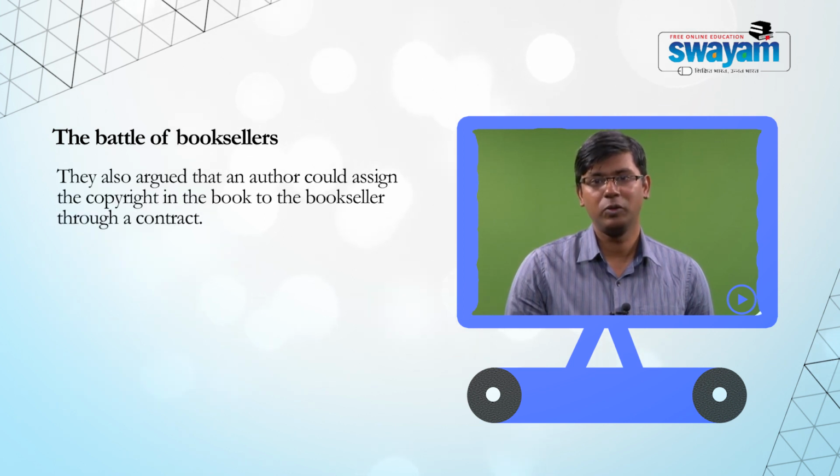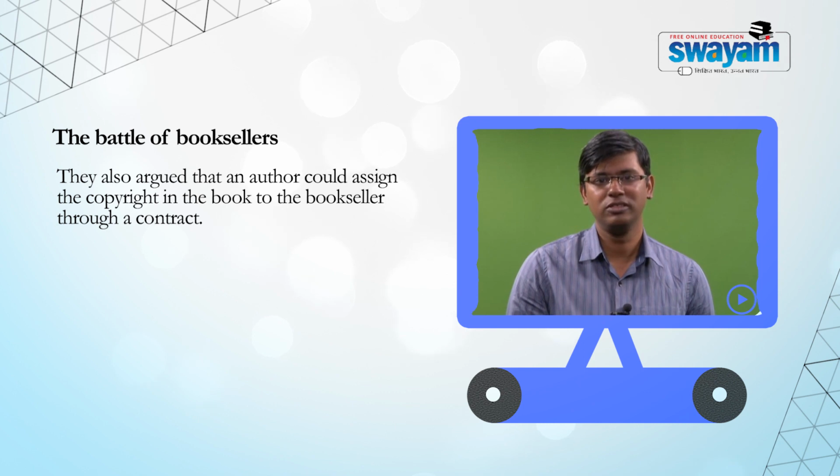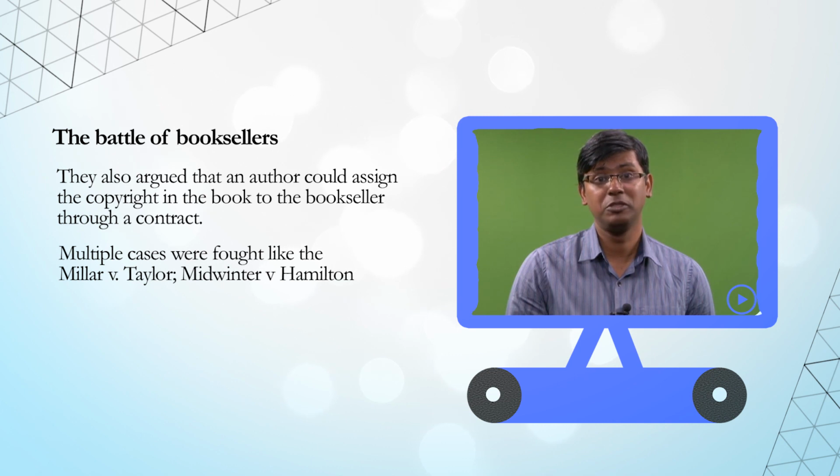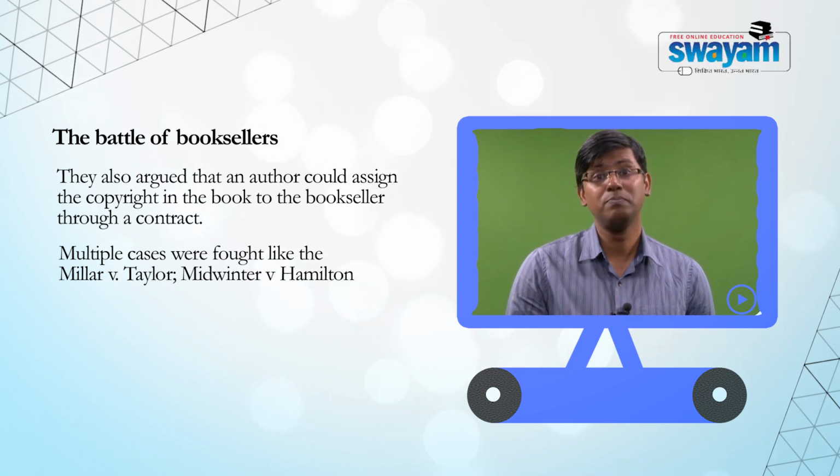They also argued that an author could assign the copyright in the book to the bookseller through a contract, which was not specifically mentioned in the Statute of Anne. Multiple cases were filed in the courts, some of which are Miller versus Taylor and Midwinter versus Hamilton. But the most important of all the cases is something that we will touch upon in a couple of minutes.